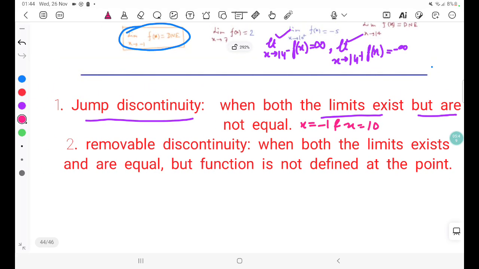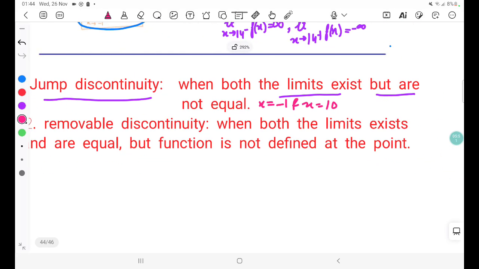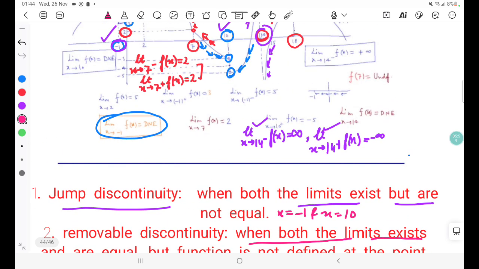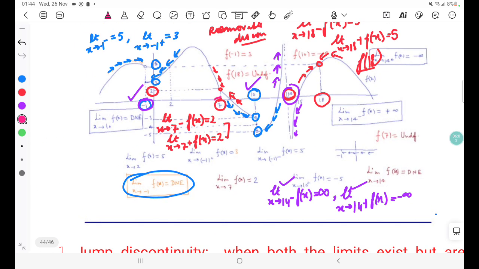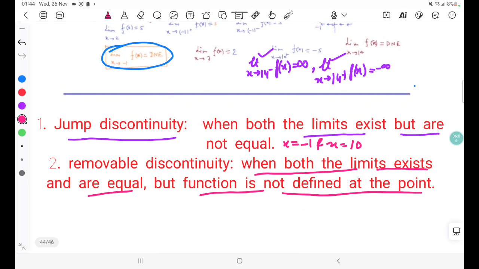And next is removable discontinuity, when both the limits exist and are equal but the function's value is not defined at that point. Examples of these are x = 7 and x = 18, right?